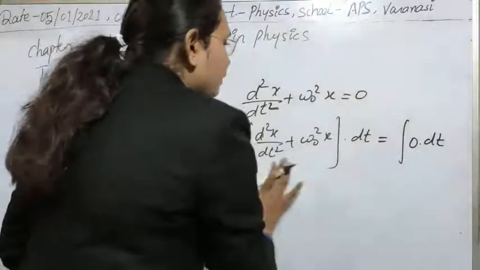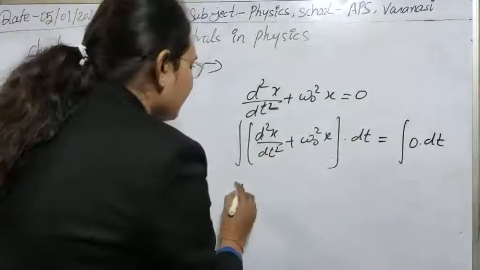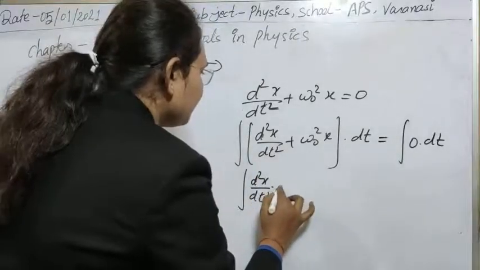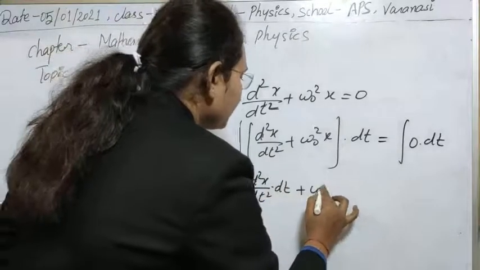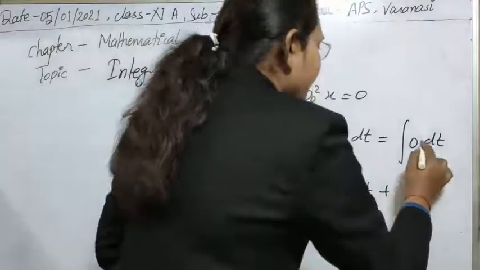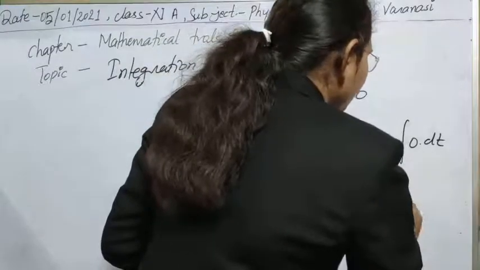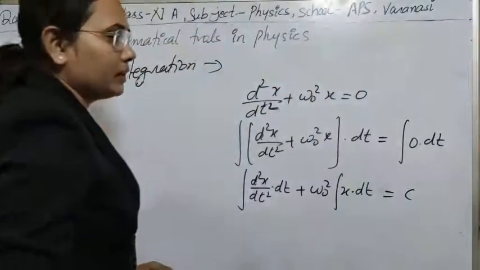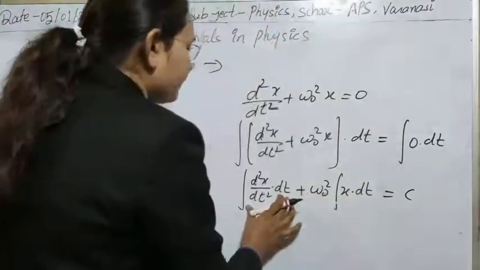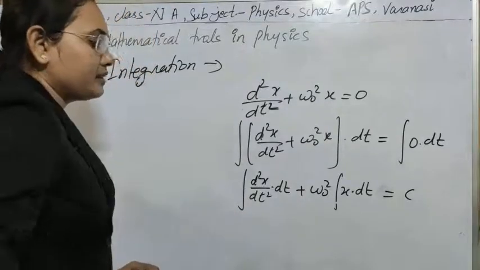Now if you look at the whole term, again factorize it, and after factorization you can write d2x upon dt2 into dt plus omega 0 square x into dt, plus obviously 0 dt, whose value will be equal to some constant. Then after integrating, the integration sign will cancel the differentiation sign.